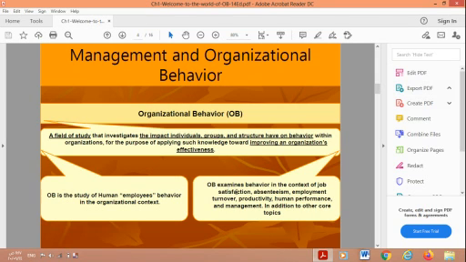Organizational behavior examines behavior in the context of job satisfaction, absenteeism, employment turnover, productivity, human performance, and management, in addition to other core topics.